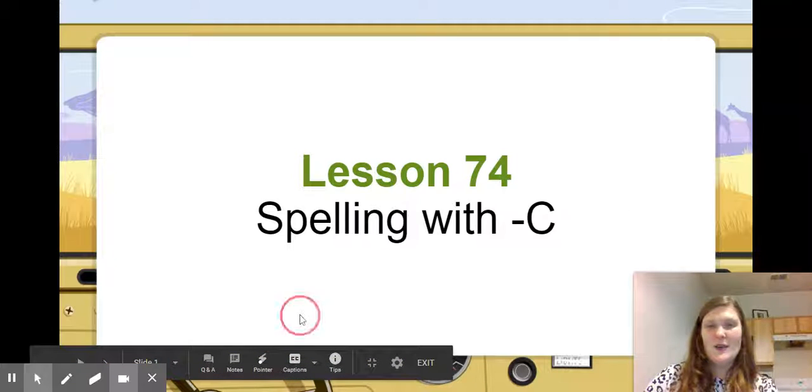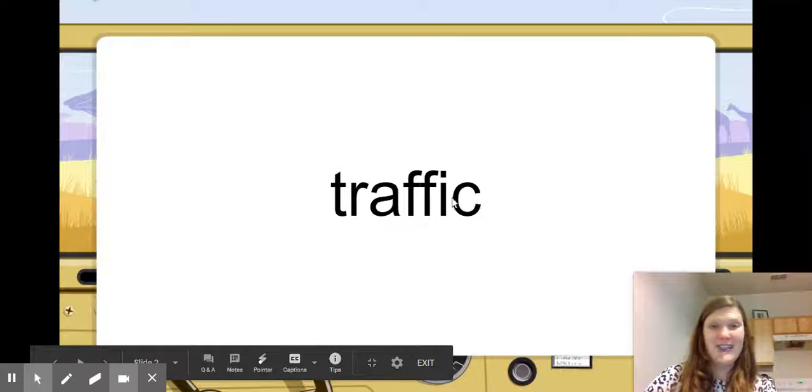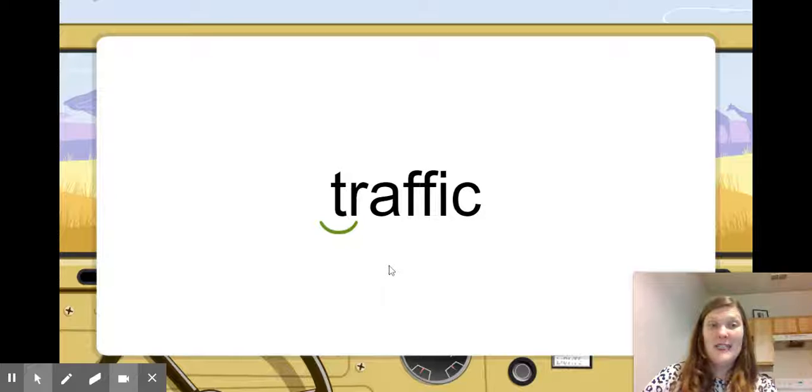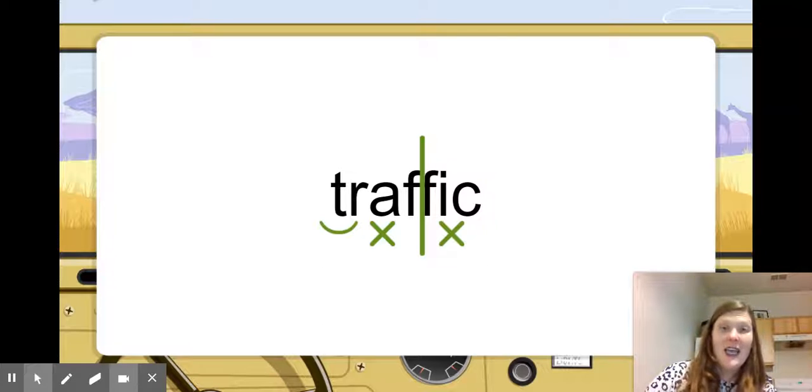Okay, so let's go through these slides a little bit. Let's look at this first one. We have a blend, vowel, and we have another vowel. And look, there's where we would split our syllables, right? We have two, so we must split. Remember, we don't say that F sound twice.